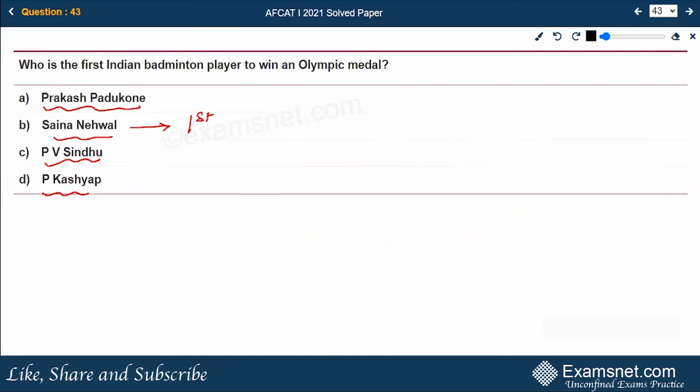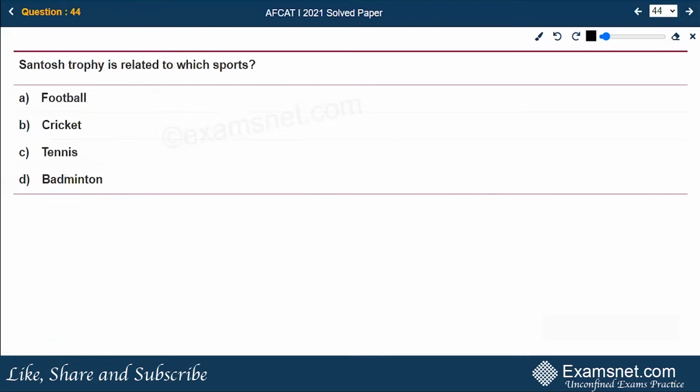The first Indian woman to win a medal in badminton at the Olympics is Saina Nehwal in the year 2012. She won the bronze medal at London. Then she was followed by PV Sindhu. But the first one was Saina Nehwal. So the answer to this question is option B, Saina Nehwal. Next, question number 44.